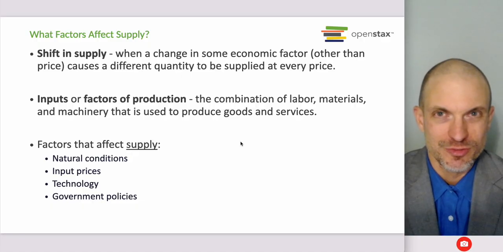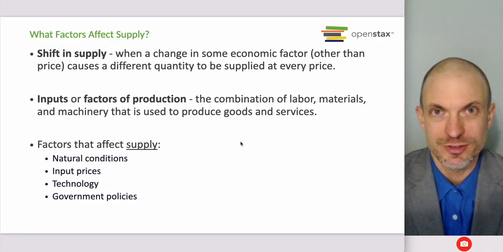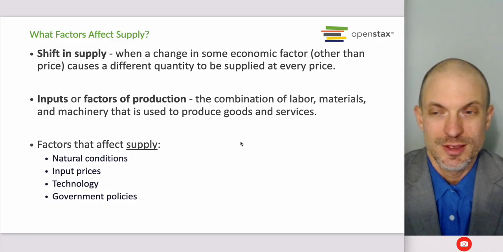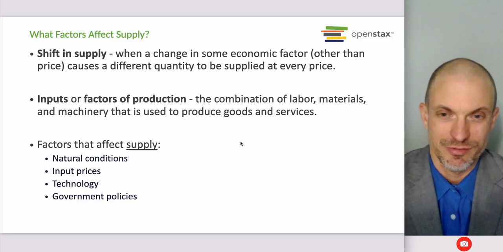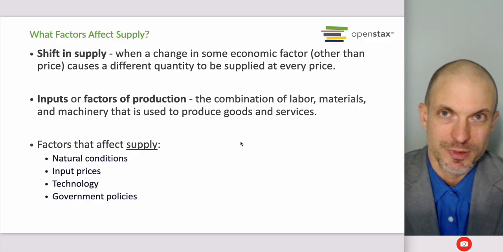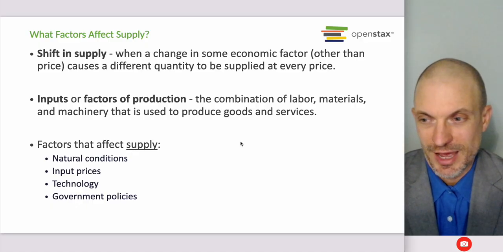And the reason why is people aren't willing to pay very much for it. So as the price of the iPod falls, Apple realizes they're literally wasting their time making iPods. Instead, they allocate all their resources to making iPads and iPhones. So we get an increase in supply of both of those things, a decrease in quantity supplied of iPods.